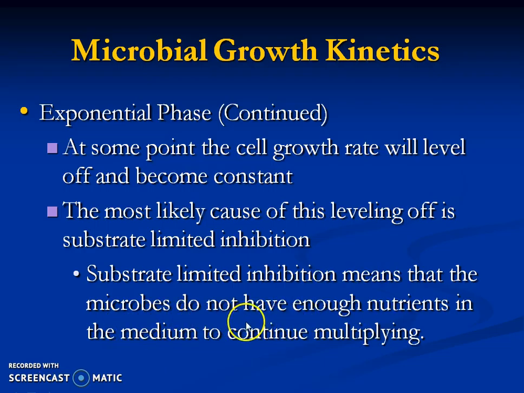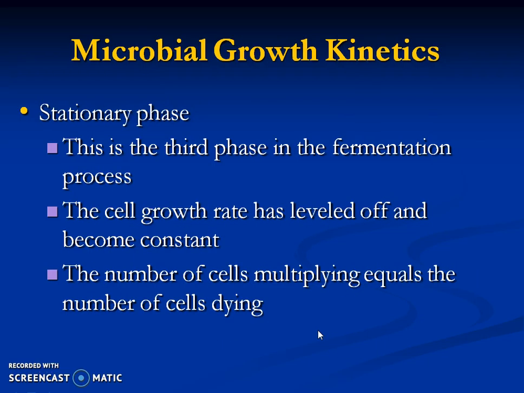But with time, the nutrient concentration in the medium gets depleted because of the utilization by the microbes. Hence, there is a substrate limitation in the media. And because of this exhaustion of the substrate, the multiplication of the microbes ceases.